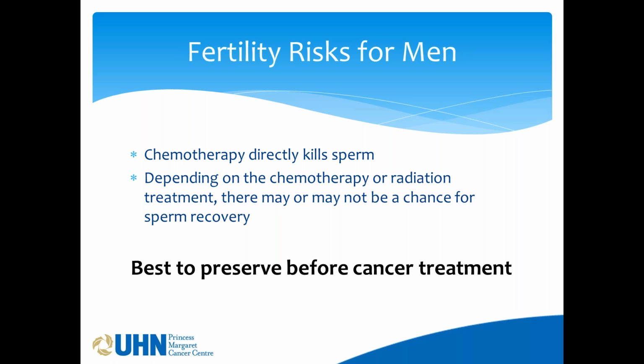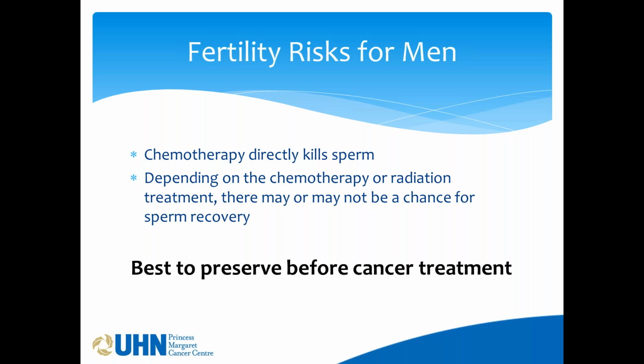So, fertility risks for men. What is important to understand is that chemotherapy can directly kill sperm. What's also important to understand is that some chemotherapies are more at risk for impacting sperm longer term, and the ability for someone to produce new sperm after cancer treatment.